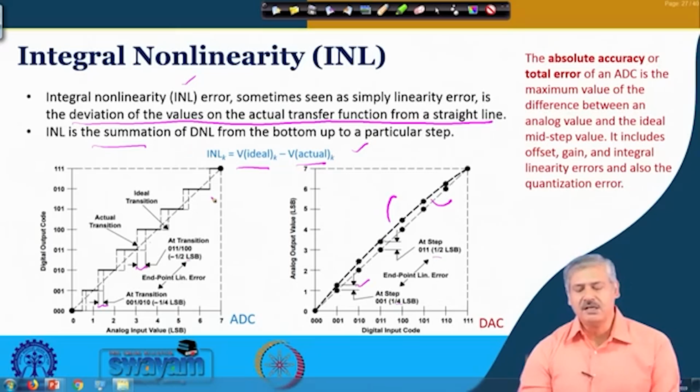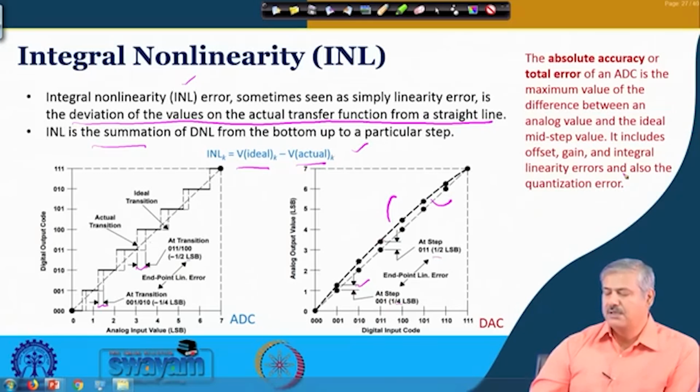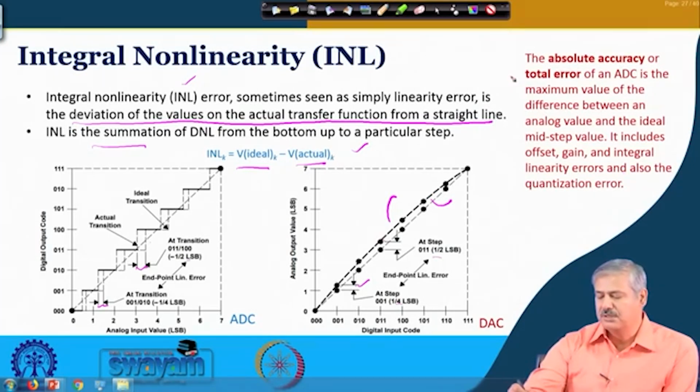Then there is another term called absolute accuracy or total error of an ADC, which is the maximum value of the difference between an analog value and the ideal mid-step value, the one that you have seen. It includes offset, gain, integral linearity errors, and also quantization errors. So with all those things included, what you come up with is called the total error or absolute accuracy.